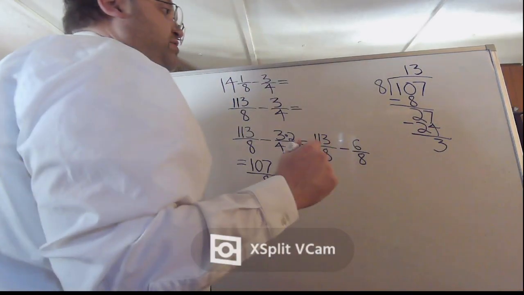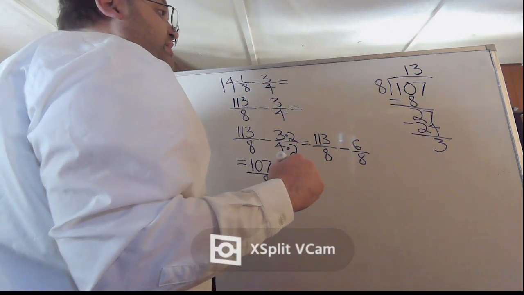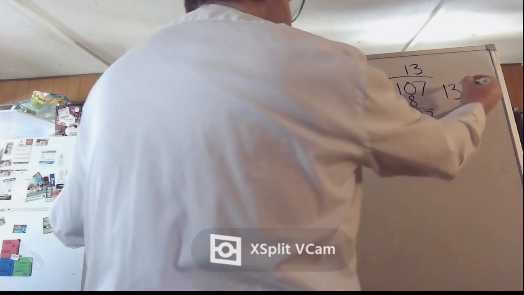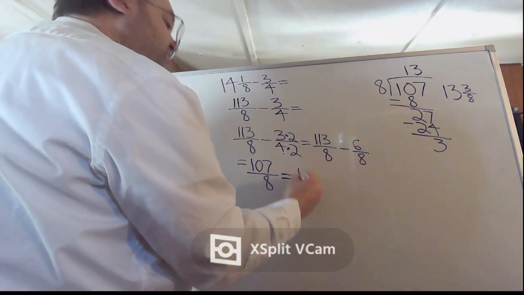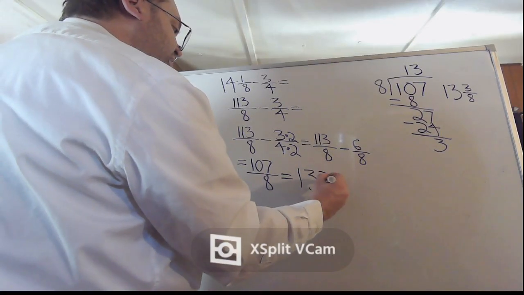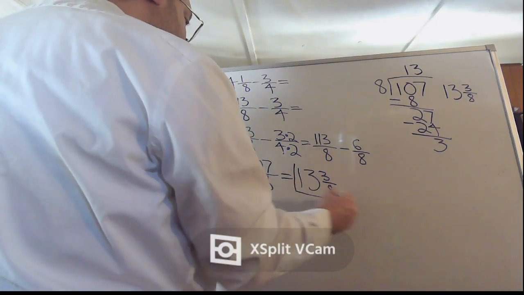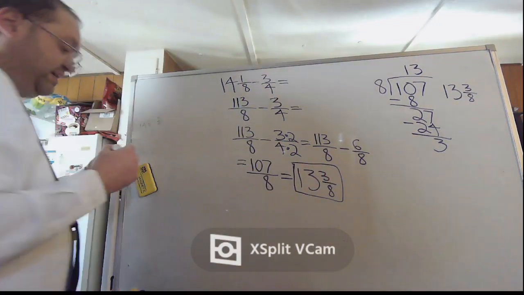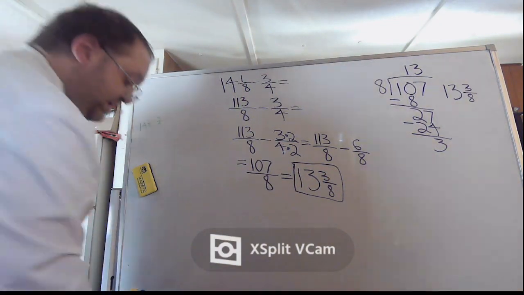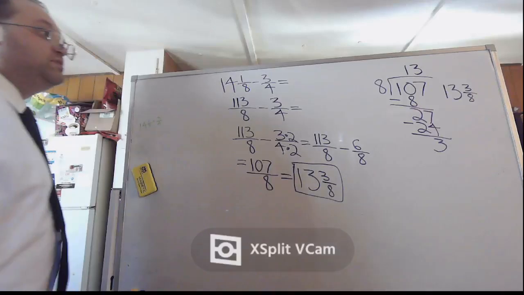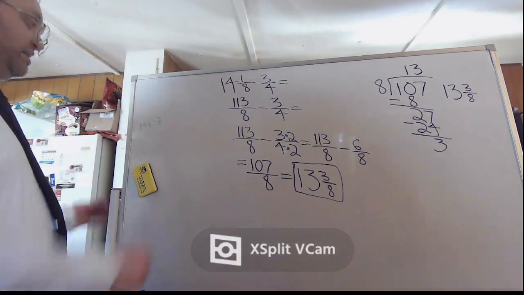So we have a remainder of 3. The whole number 13 will be that component of it. Your remainder 3 will be the numerator. The divisor 8 will be your denominator. So the final answer is going to be 13 3/8. And we will put a box around that to signify that is our final answer.